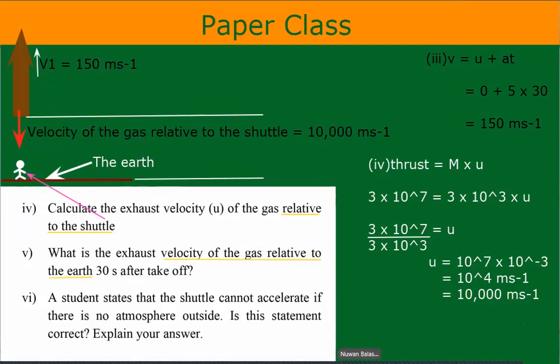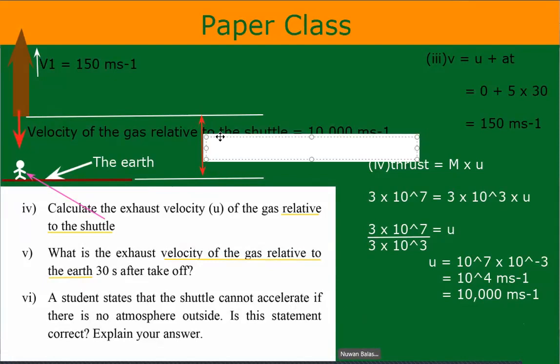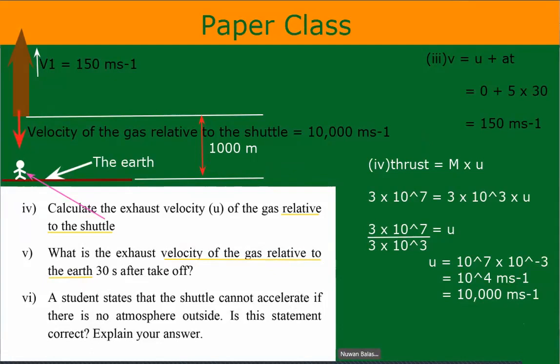The initial gap between them, let's say, is 1000 meters, for example. Now my question is, what will be the distance between the man and the rocket after 1 second? Can somebody tell me?